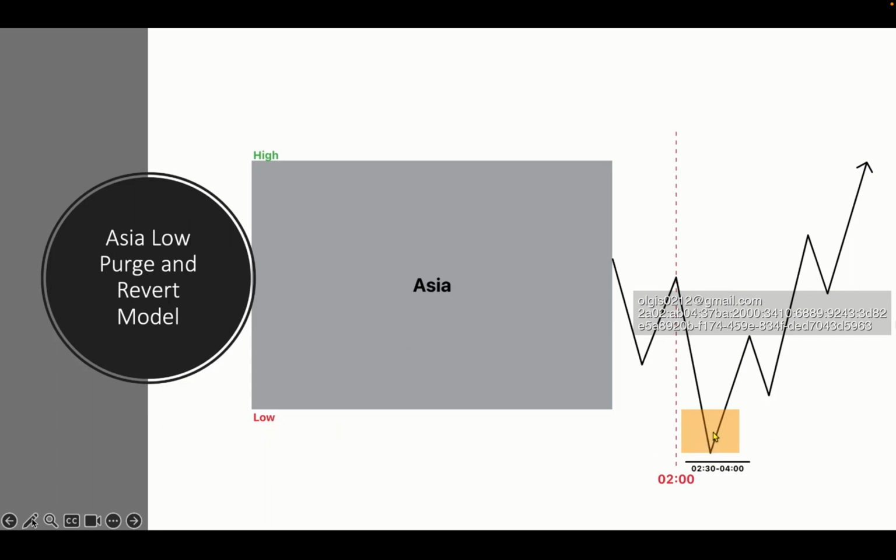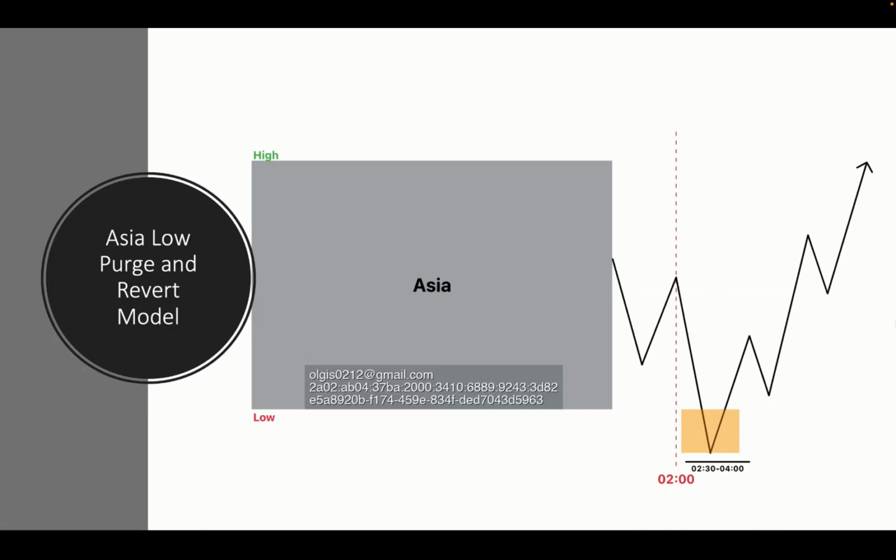A smart money reversal forms here during 2:30 to 4, and from there on we want to see that market shows a willingness to trade back above the Asia low and show lower time frame change in the state of delivery signatures to continue price higher towards the Asia high. This model sets up when the higher time frame order flow is bullish and the market is drawn towards buy side liquidity or to an old inefficiency.